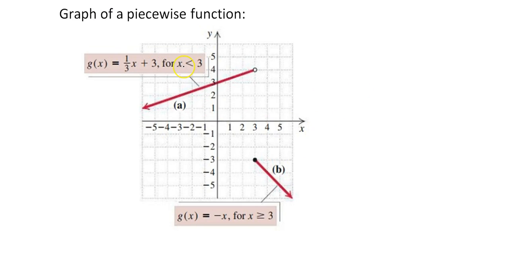So for x less than 3, strictly less than, it's going to behave one way, and then for x greater than or equal to 3, it's going to behave another way. All right.